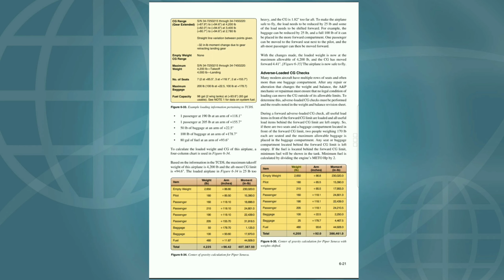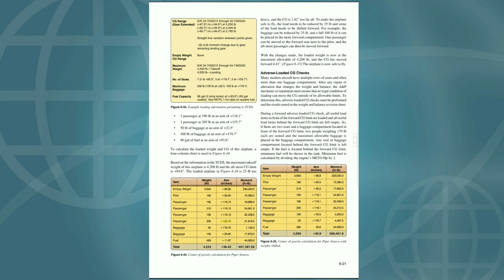Item. Weight. Pounds. Item. Weight. Pounds. Empty weight 2,650. 180. 160. 210. 190. 205. 50. 100. 480. 4,225. Pilot passenger baggage fuel. Total. Arm inches plus 86.80. Plus 85.50. Plus 118.10. Plus 118.10. Plus 118.10.